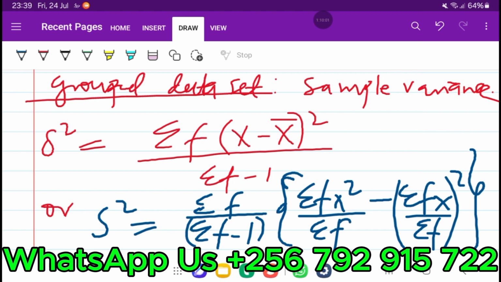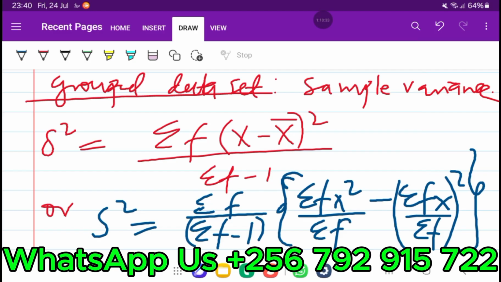So if you get a higher standard deviation, the implication is that those values are so much scattered away from the middle value. So you look at your mean, and then you look at these other values.